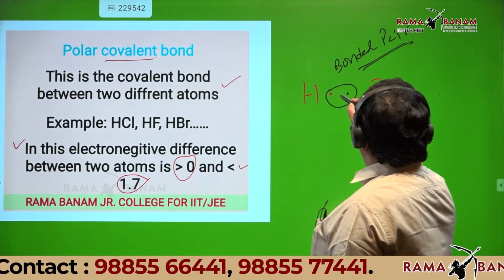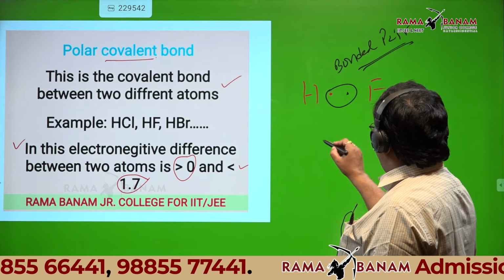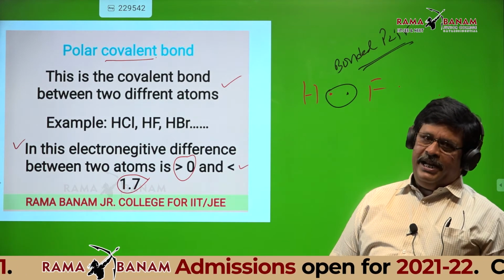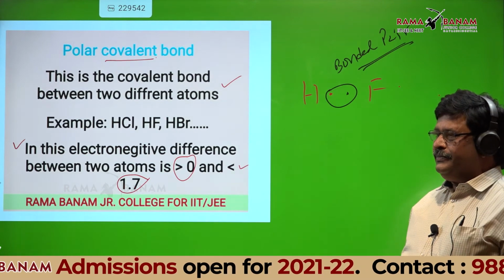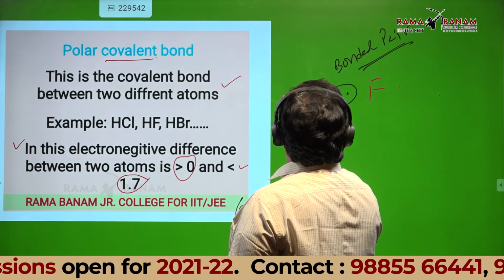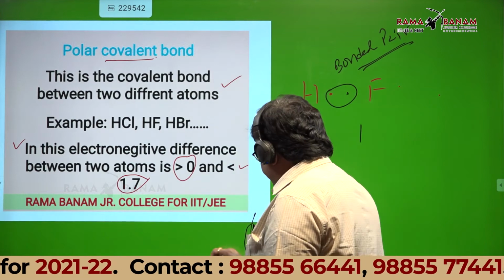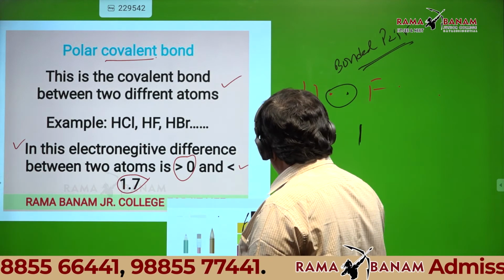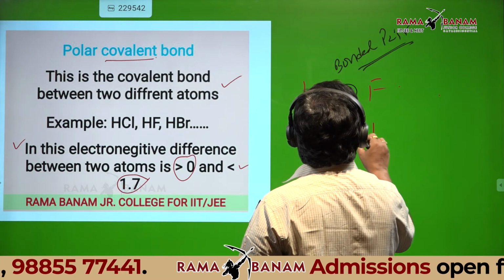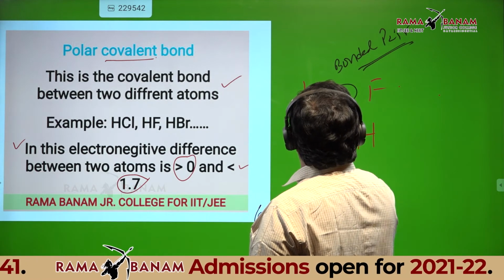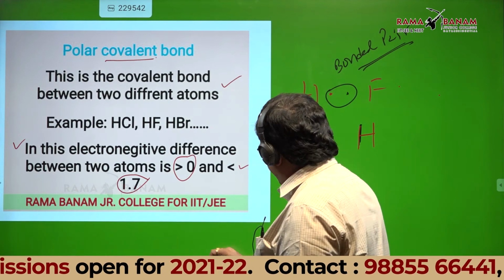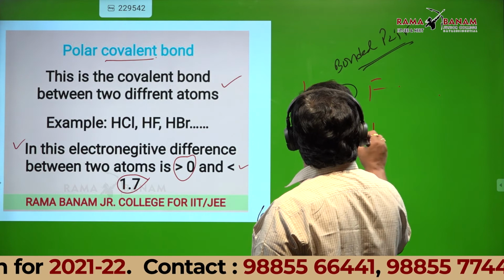Is this electron pair exactly at the center of the 2 bonded atoms? Can it be? Wait. Now I take a hydrogen molecule in which 2 hydrogen atoms are involved. Let 1 electron be from one hydrogen and the second electron from the second hydrogen.